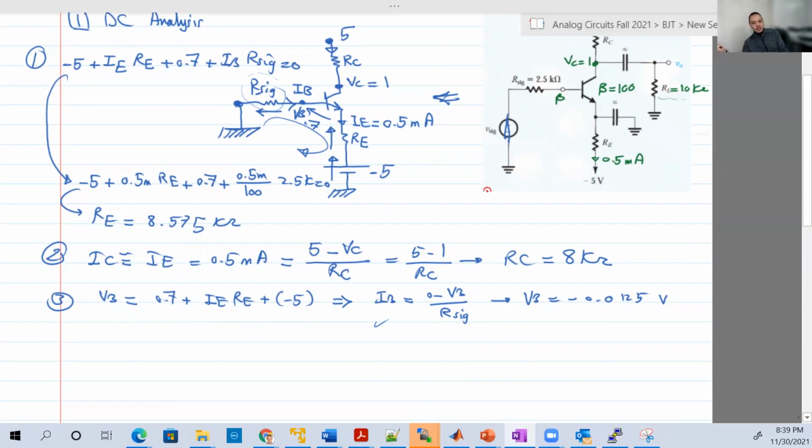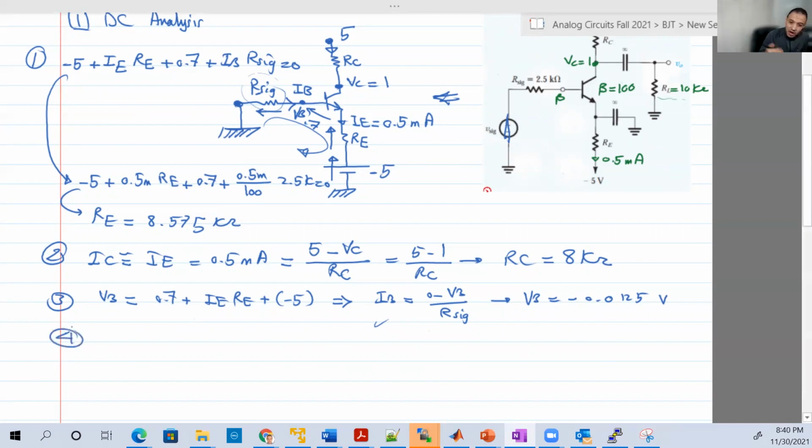So VB can be negative, VC can be negative, VE can be negative, but IB, IC, IE must be positive numbers as long as the transistor is working either in active or saturation. Even in cutoff, it cannot be negative. They must be 0. Okay, that's basically the DC part.